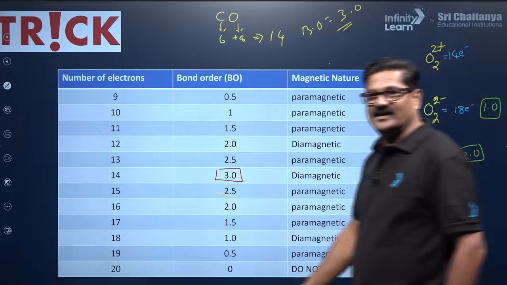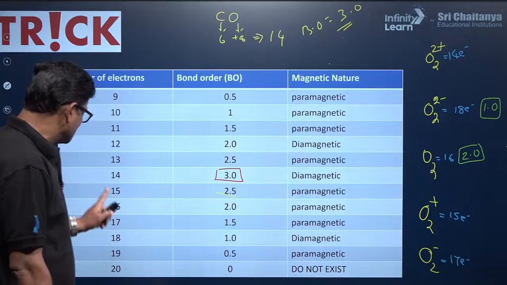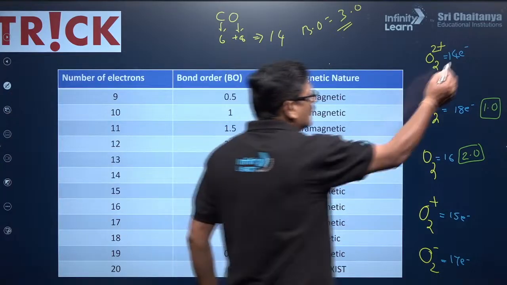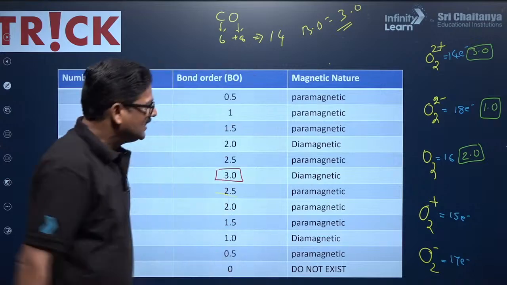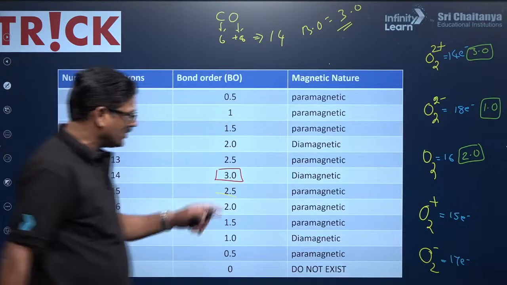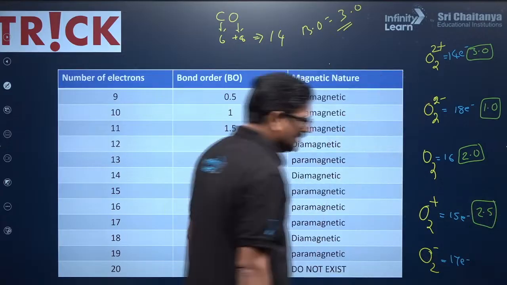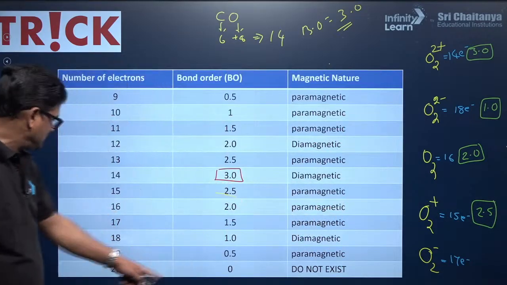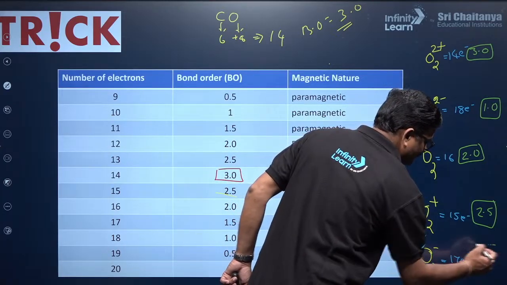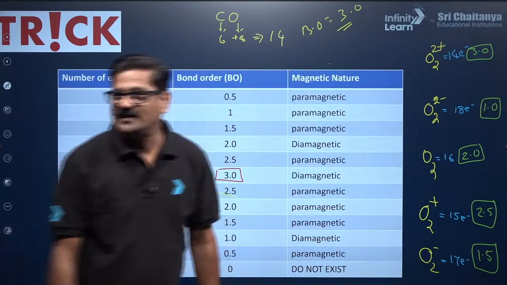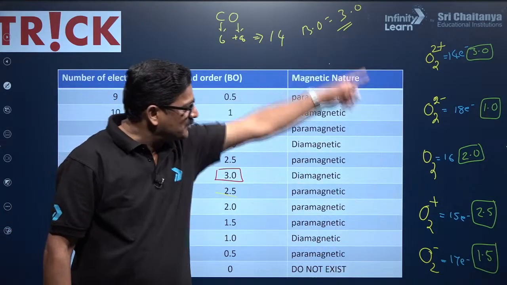Hope you are understanding clearly. 14 electrons, 3.0, and 15 electrons, 2.5, and 17 electrons, 1.5, right? You have various bond orders here.